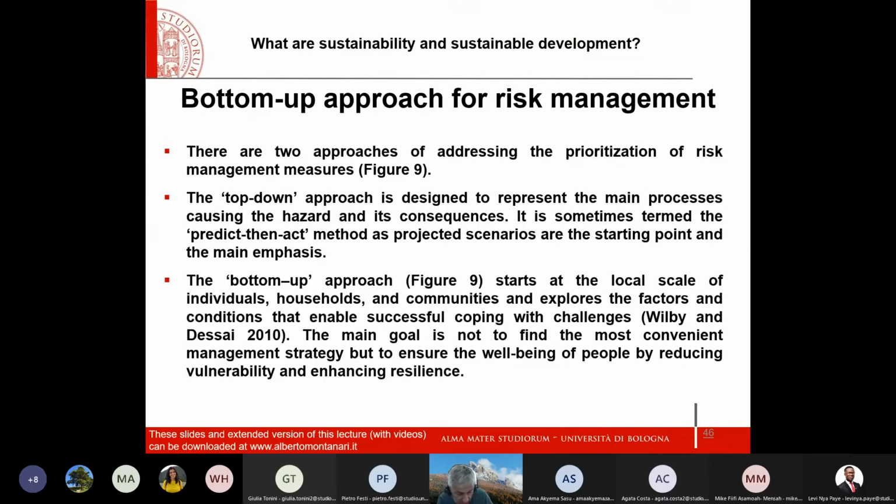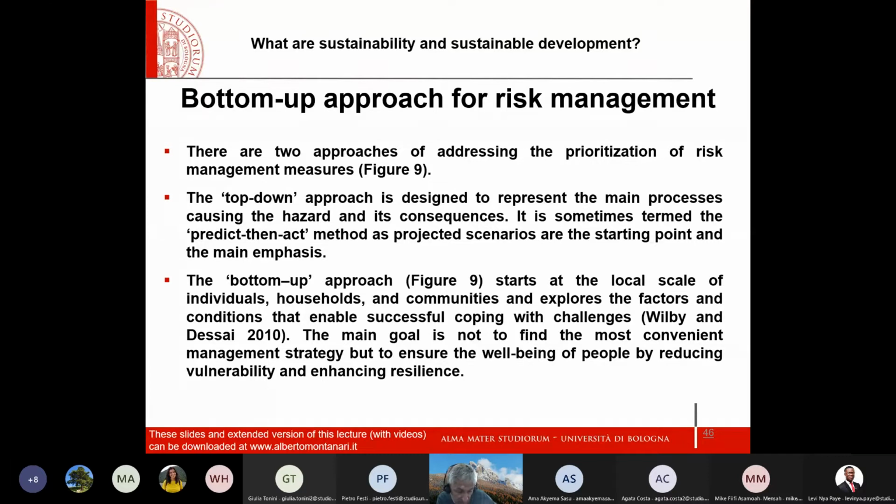There are different approaches, and for instance, it was widely popular in the past 20 years to use the so-called top-down approach, meaning that with the top-down approach, you start from studying the climate. You may include the probability of extremes.